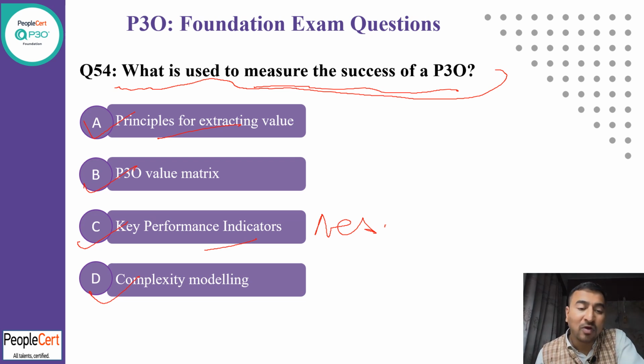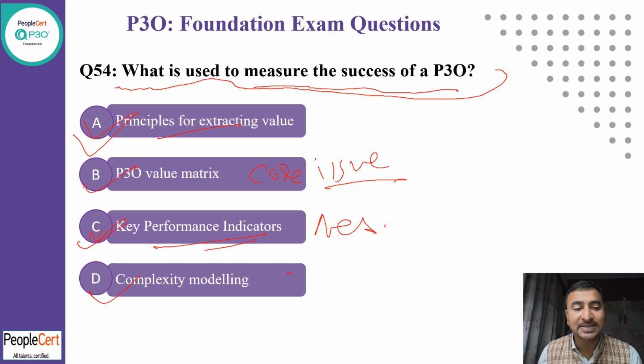I doubt complexity modeling is required, you need it to implement the governance. Value matrix is for identifying core issues of the organization. So I am confused between option A and option C, principles for extracting the value and KPIs.